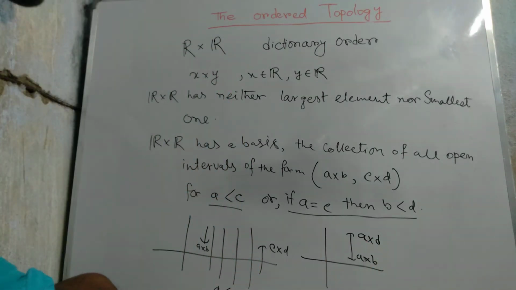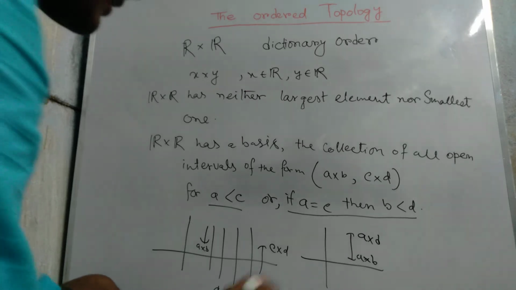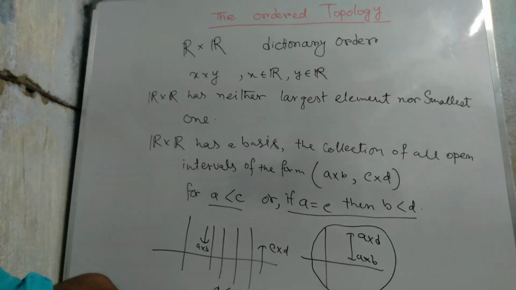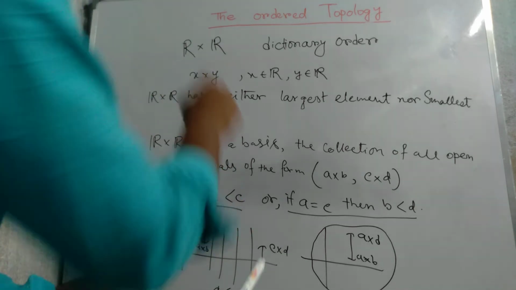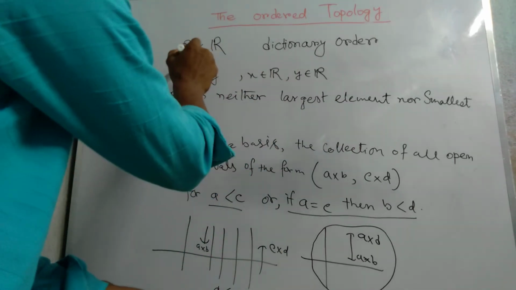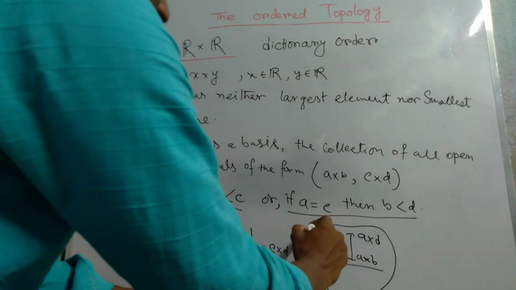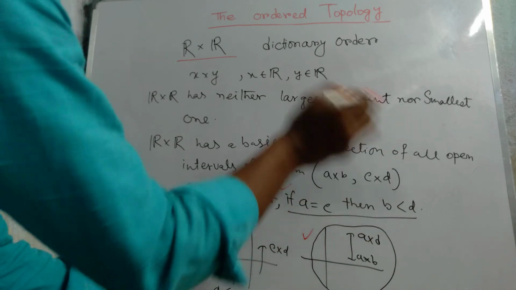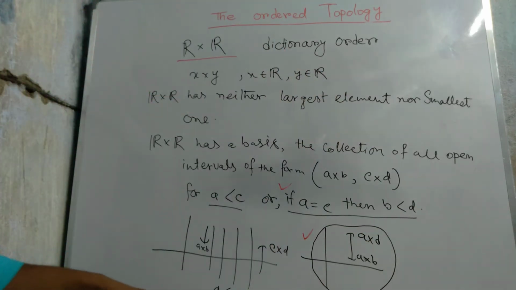That means the second type forms an order topology for R × R.